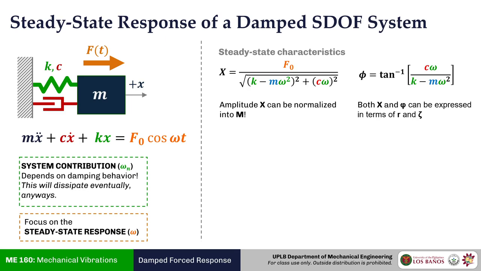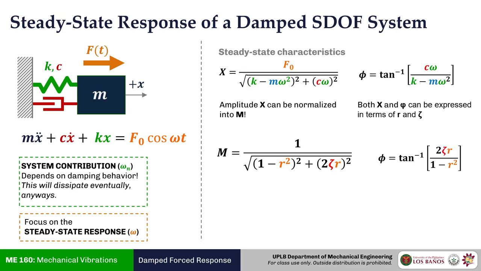Pero si phi kasi angle terms are already dimensionless. So, once you normalize this, phi pa rin yung lalabas. So, after normalization from steady state amplitude x, we get our magnification. Yan yung normalized x natin in terms of zeta and r. And yung phi natin will be something like this.